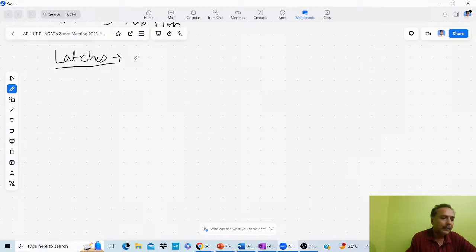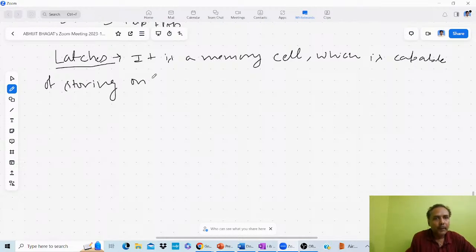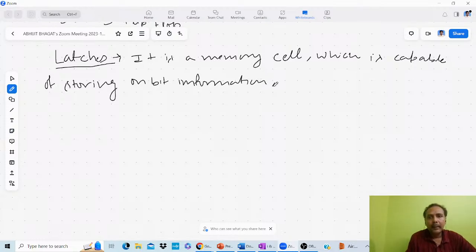As discussed previously for the flip flop, the same holds for latches. This latch is also a memory cell which is capable of storing 1 bit of information, that is logic 0 or 1.